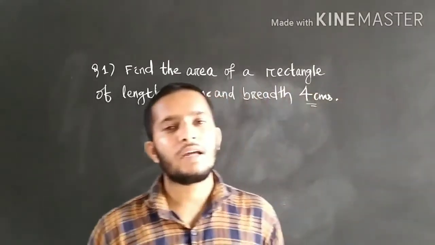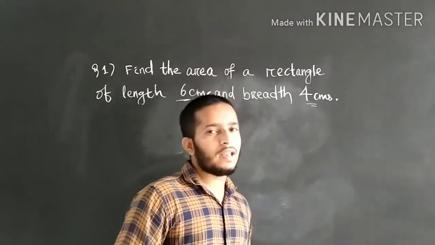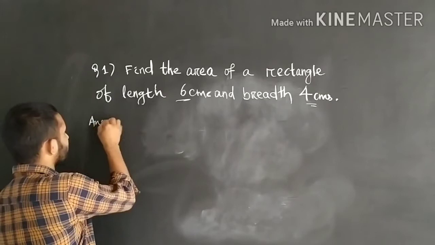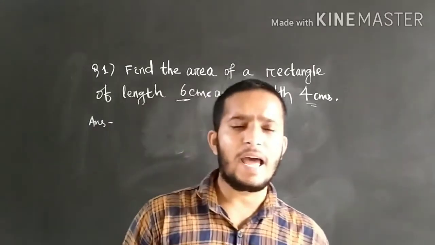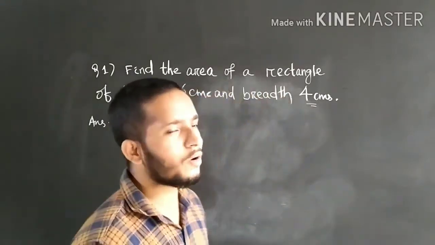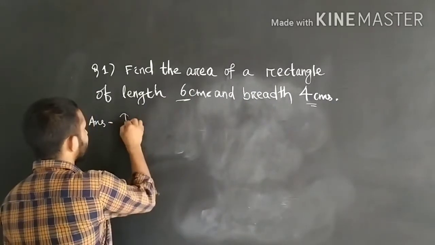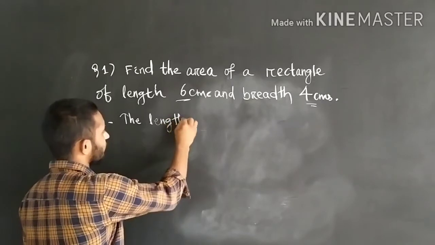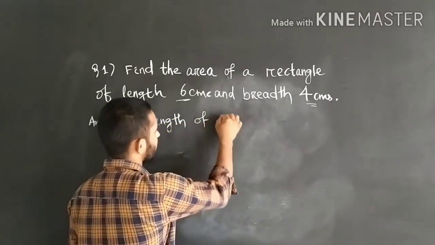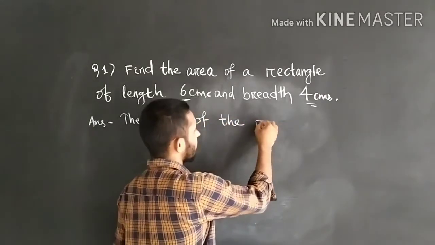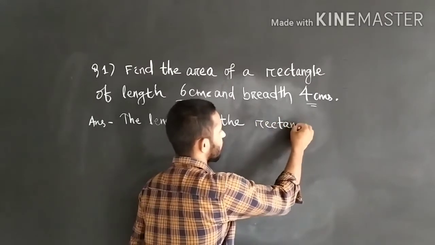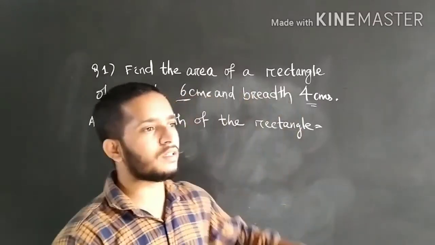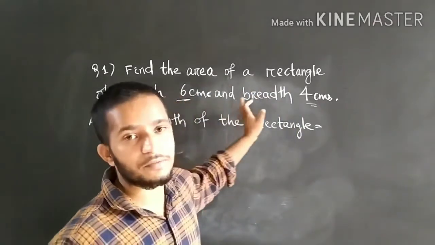Let's find the area of this rectangle. Let's start. At first we will write the length of this rectangle. You know the length, which is given in the question, is 6 centimeters.